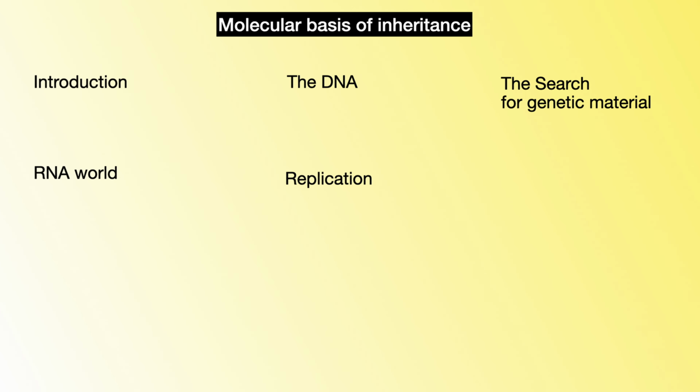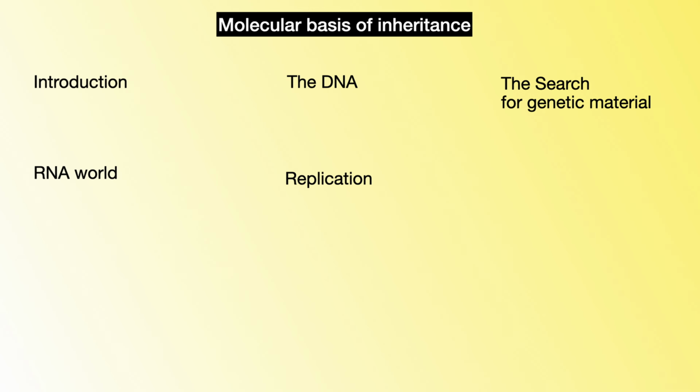They took samples at specific time intervals, for example every 20 minutes, which is the doubling time for E. coli. They extracted the DNA and used cesium chloride density gradient centrifugation. This process separates DNA based on its density.